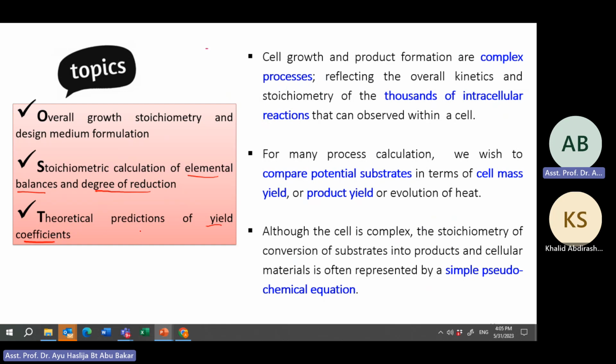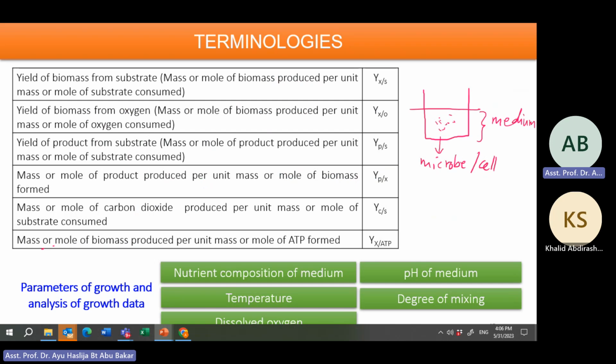Yield coefficient here, you will have a few types. Yield based on the substrate, yield based on the oxygen, yield based on the ATP. Now, these are the terminologies that you will come across later on. YXS. X always refers to biomass.